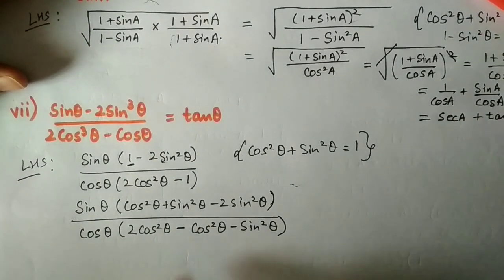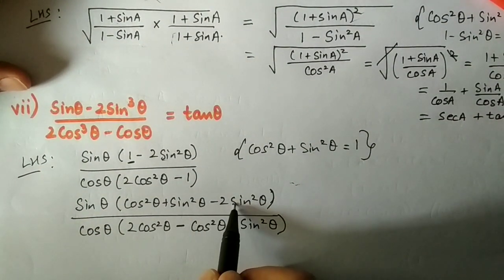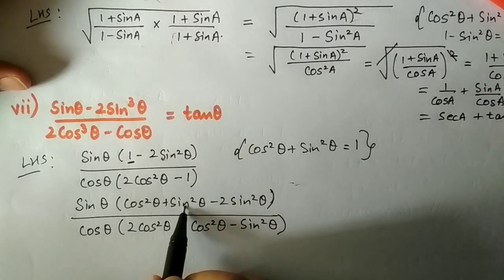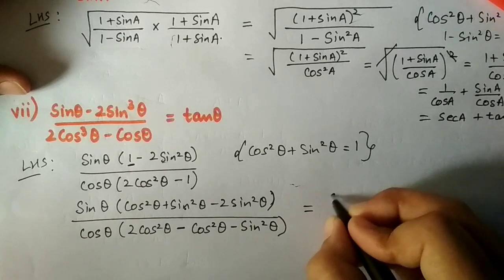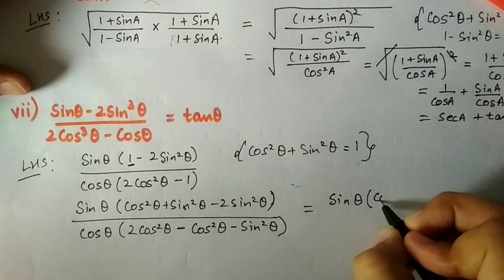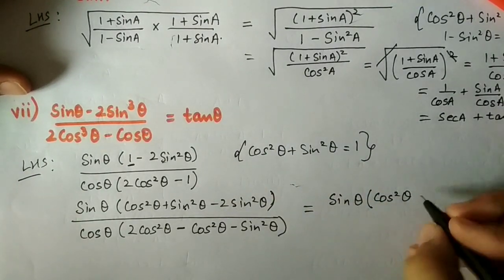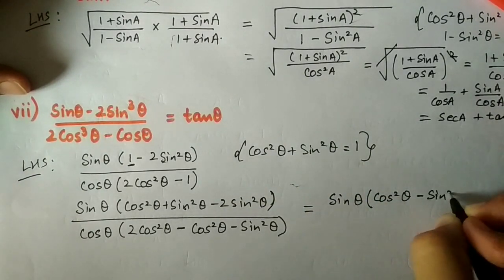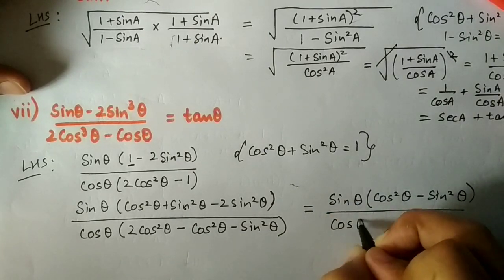Okay, now you subtract. Minus 2 sin square theta plus sin square theta will become minus sin square theta. So here you have sin theta into cos square theta will remain as it is, and sin square theta minus 2 sin square theta will become minus sin square theta, divided by cos theta as it is.